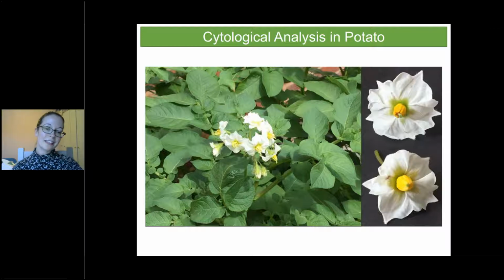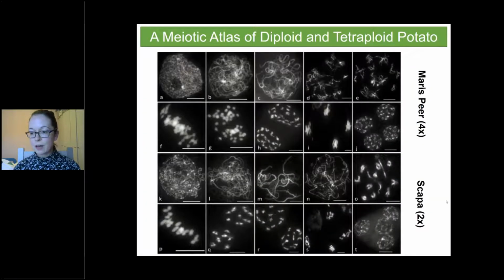So we can collect these anthers at different stages of development and make spreads and put together an atlas of the different stages of meiosis in the different varieties. So we did that for those 3 different tetraploids and the diploid as well. And this created an atlas which I'm showing you here.